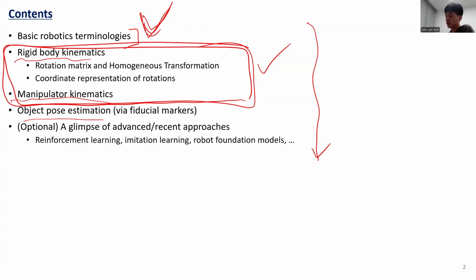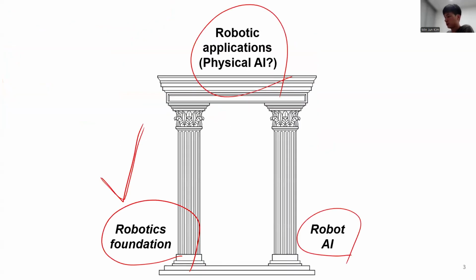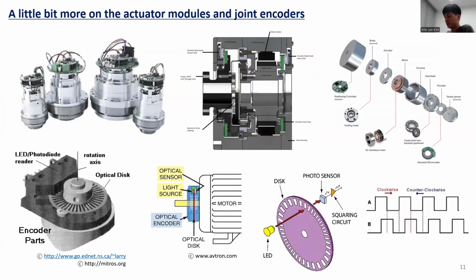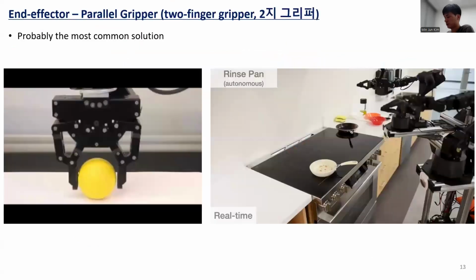So in the first lecture, I'll just jump into rigid body kinematics and manipulator kinematics. And in the next lecture part, I'll start from the robotic terminologies, and I will jump to object pose estimation using markers. Right? So let's jump to the rigid body kinematics.